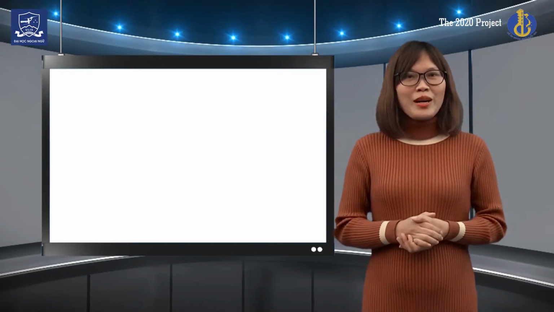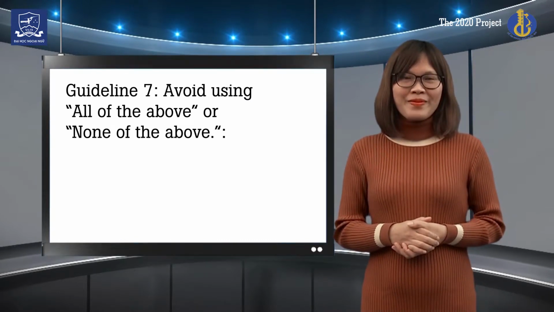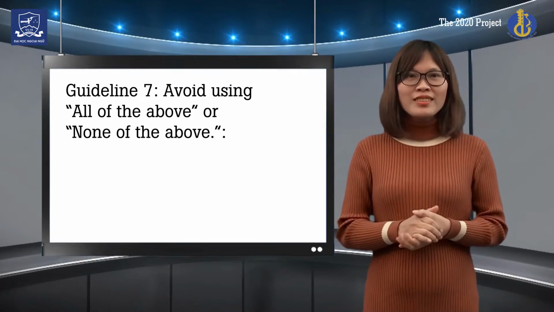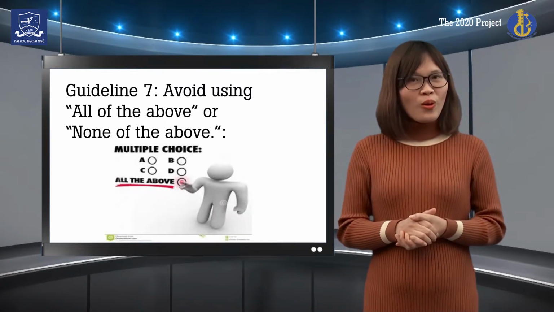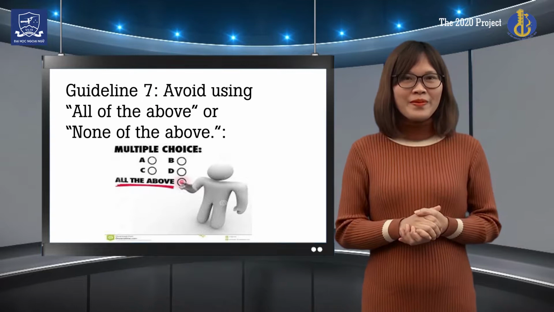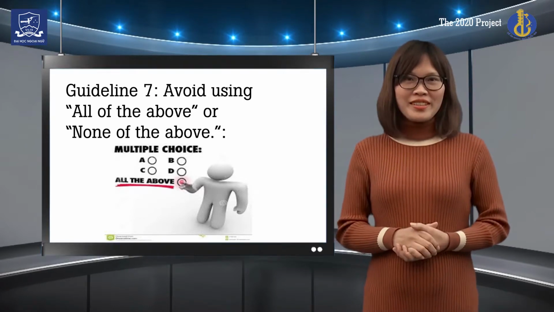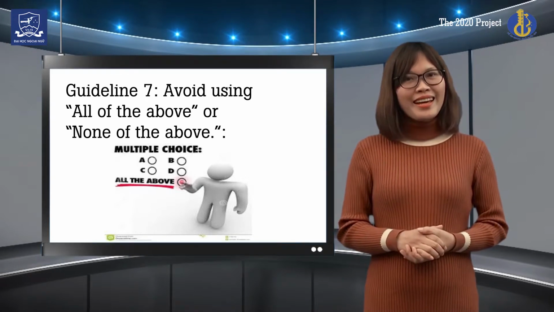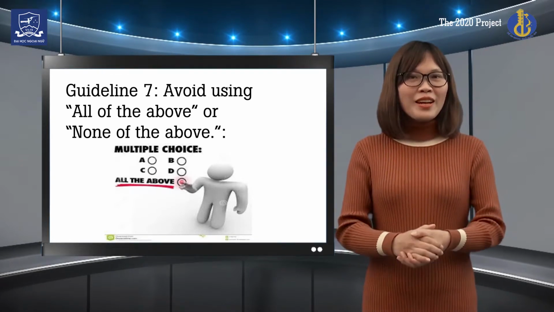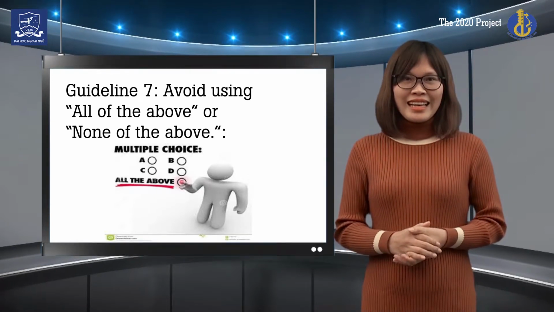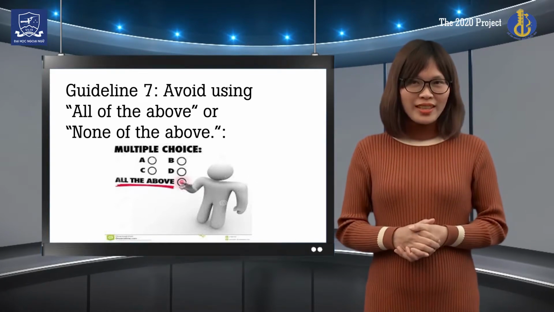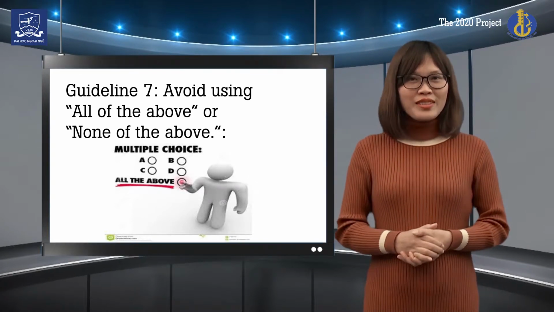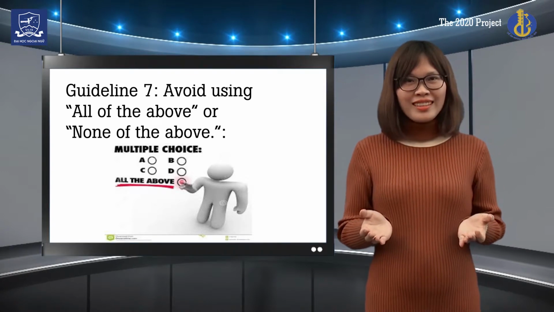Well, we now come to Guideline 7. Avoid using all of the above or none of the above. Have you ever written a multiple choice item with 4 answer choices and have no problem developing the correct response and 2 really great distractors, but the final distractor is just not there?